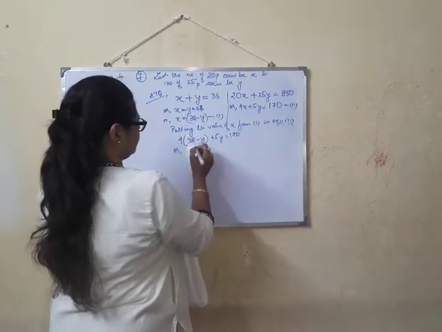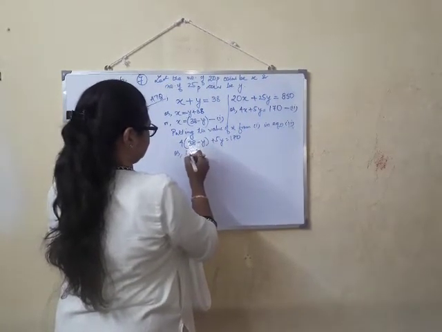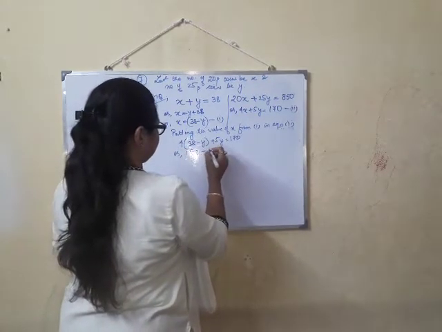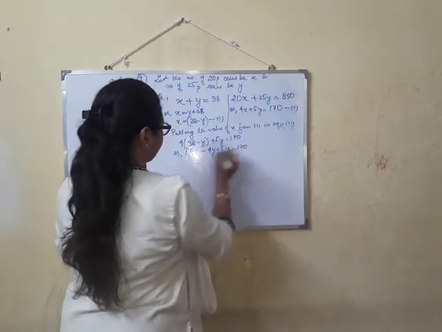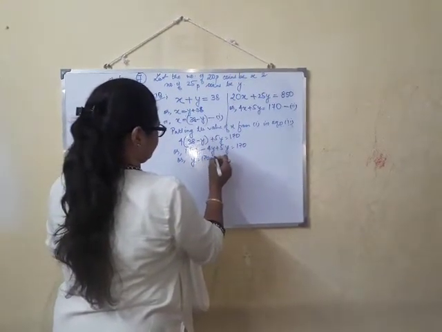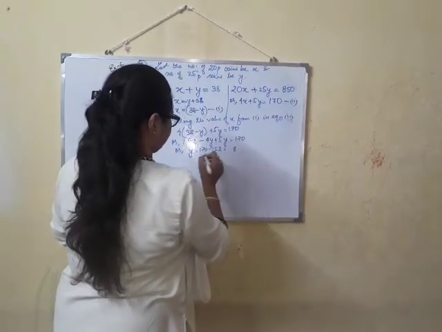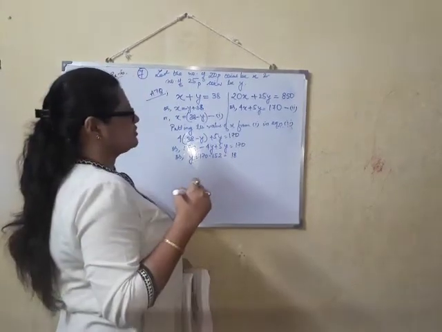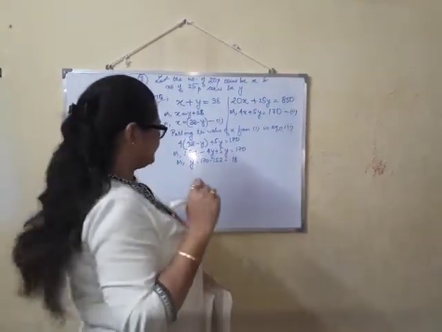So y is 18. So how many 25 paisa coins do we have? We have 18 25 paisa coins.